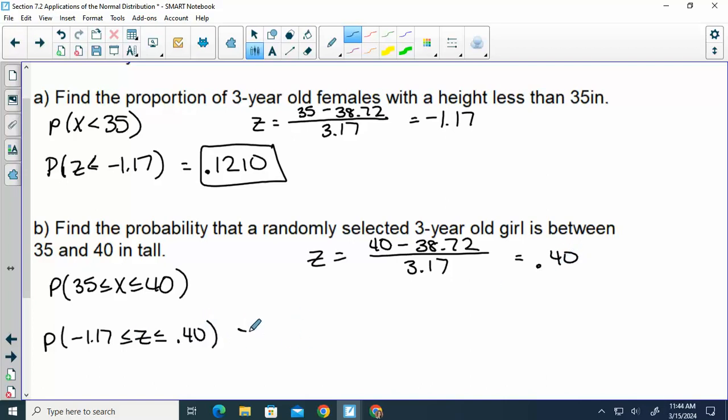All right, if you're finding between two, what are we going to have to do with the probabilities? Subtract them. We have to make sure the bigger one is first. So the 40 would be the bigger one.